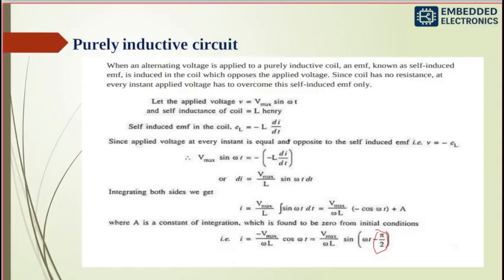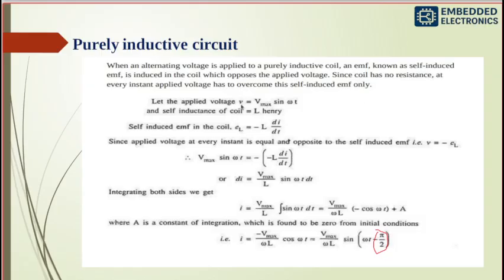That is nothing but EL, which opposes the applied voltage. Since the coil has no resistance, at every instant the applied voltage has to overcome this self-induced EMF only.